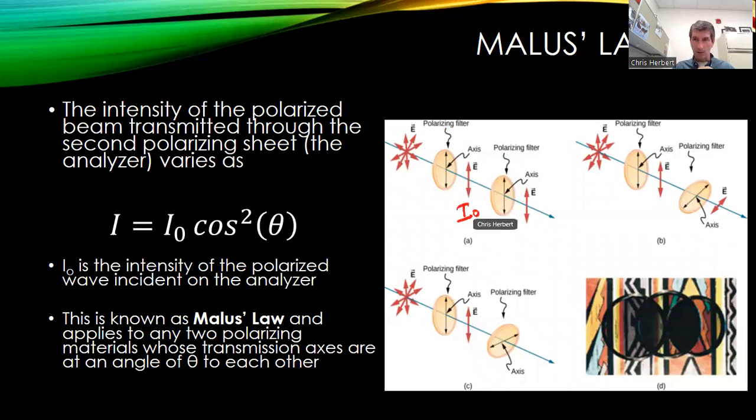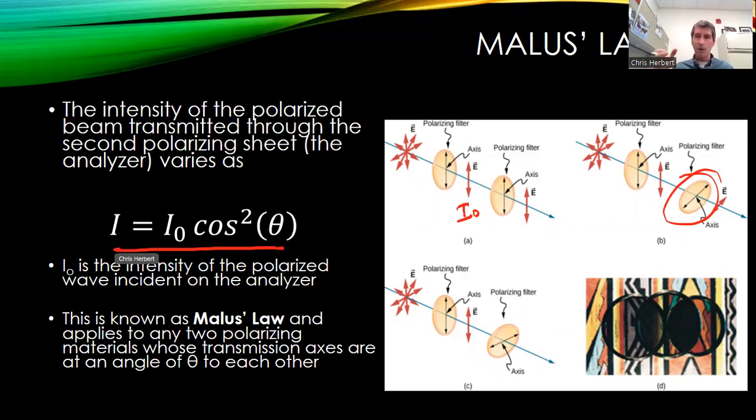And then the second polarizer, if it's aligned, will not affect the light at all. However, if I rotate it on its axis, the second Polaroid is going to absorb some of the light that passes through, okay? And this will lead to less intensity.